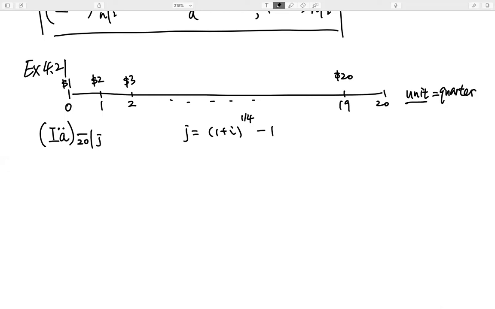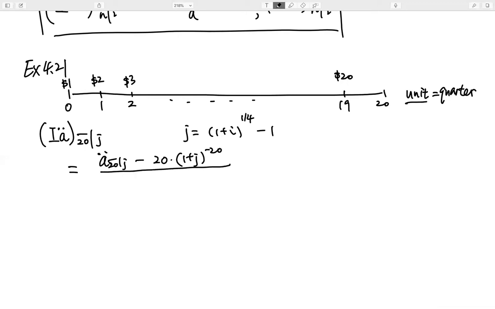So this is the increasing annuity due for 20 periods at j, minus 20 times the corresponding discounting. This has to be discounted by the effective rate of j. So this is 1 plus j to the negative 20.